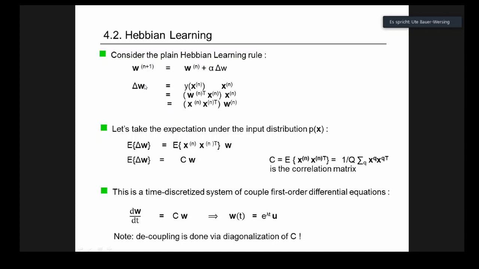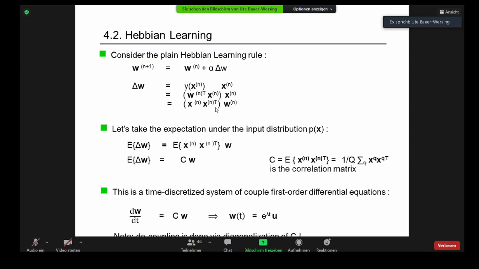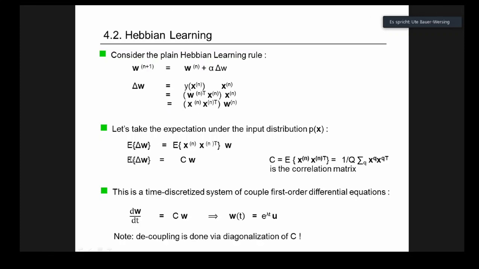Because this is delta W, the expectation for the weight change is the expectation of this product, X times X transposed times the weight vector. So the expectation of the weight vector update is equal to some matrix C, which is the expectation of this product of the input vector times W.